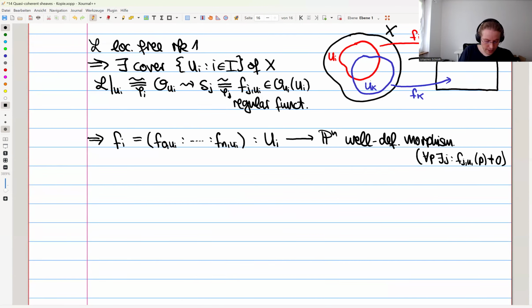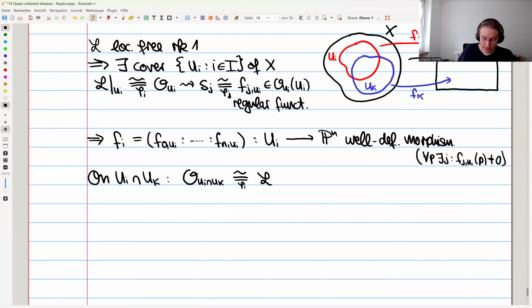So they agree on the overlaps. So on the overlaps U_i intersect U_k, we have kind of two possible ways.